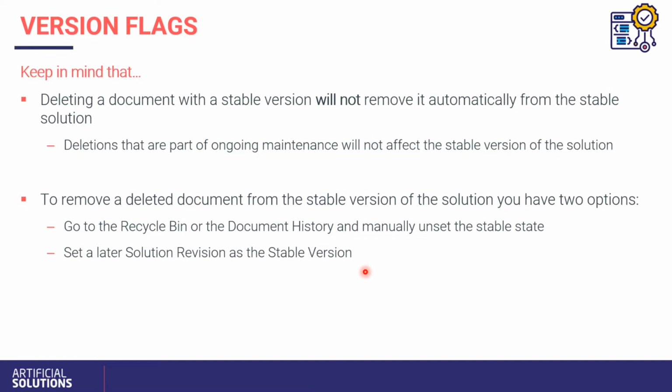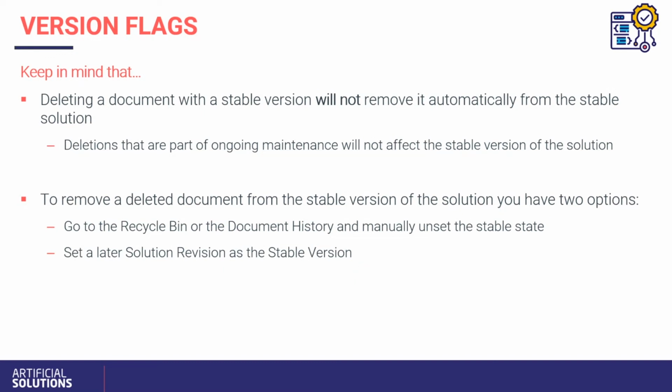But that doesn't mean that your stable version will break or be different. It will still be part of your stable version. So when you reach the point where your stable version has to be updated and not include this particular element that you have deleted, then you have to take a deliberate action by unsetting it on that element, or by, as it says here, setting an entire solution revision as the stable version.